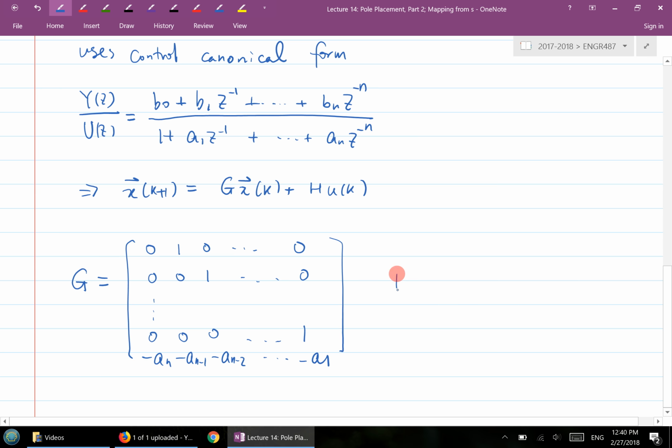And then H is 0, 0, to 0, 1 here. Right, that's control canonical. This is a part of the formula. You can put it into your formula sheet.